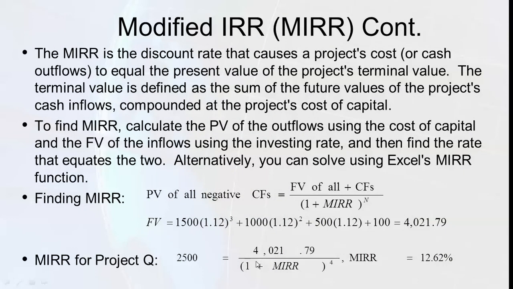Basically, the modified internal rate of return is the discount rate that causes the project's cost to equal the project's present value of terminal value.